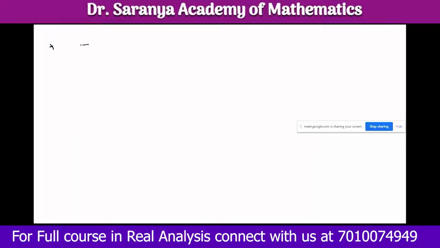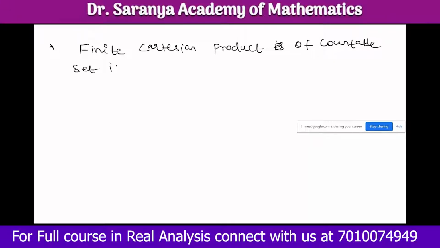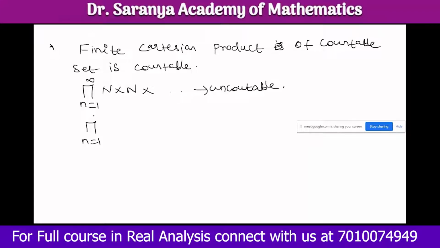If n goes from 1 to infinity, the product is uncountable. Suppose n goes from 1 to some number m, where m is not infinity. Then the finite Cartesian product of countable sets is countable. An infinite Cartesian product of countable sets is not countable.